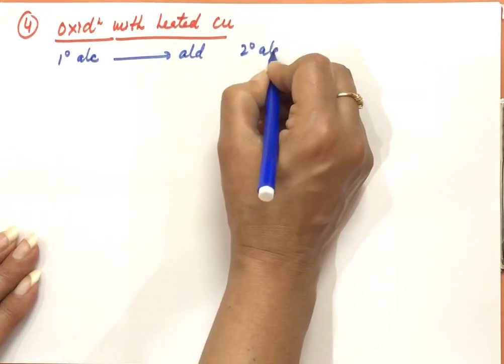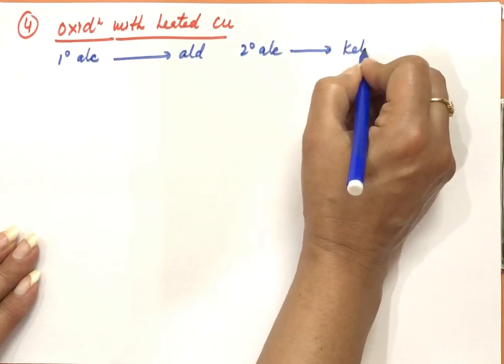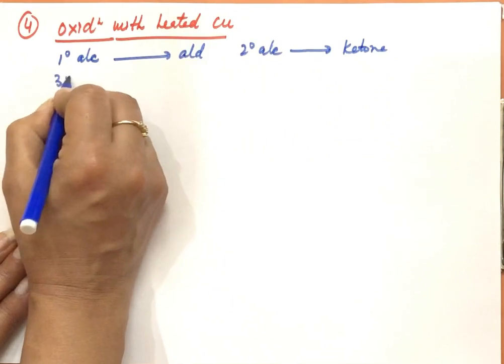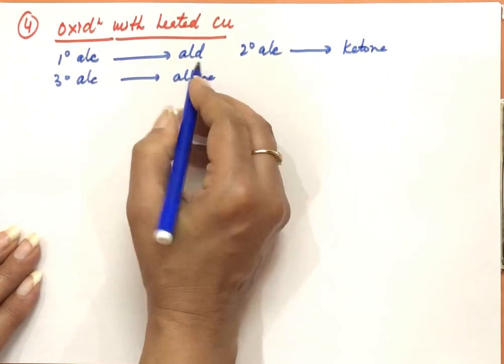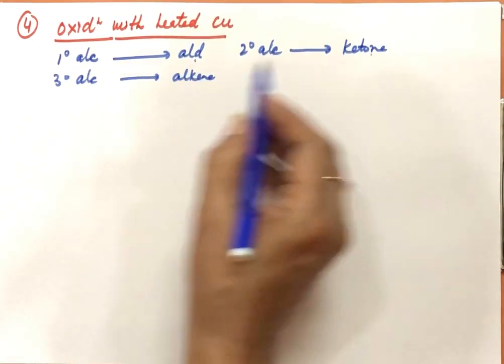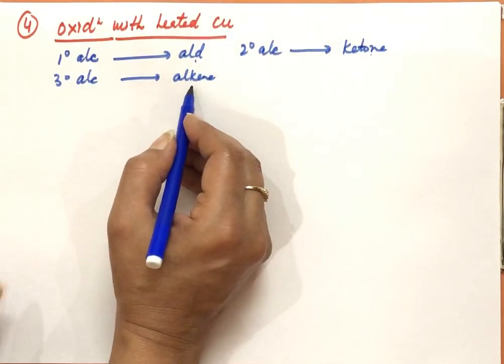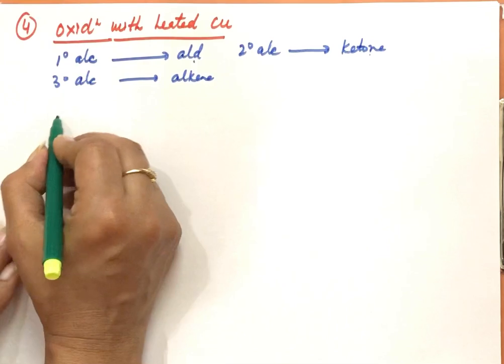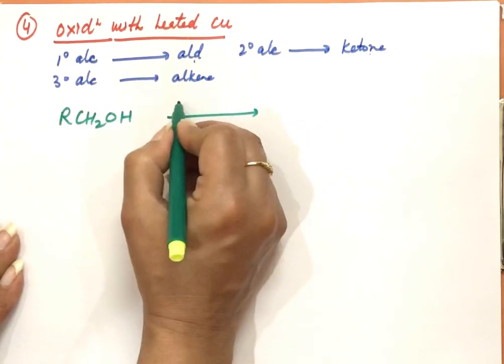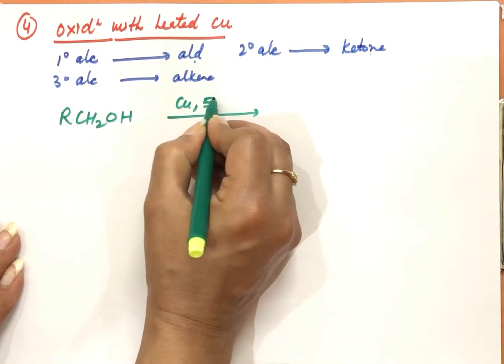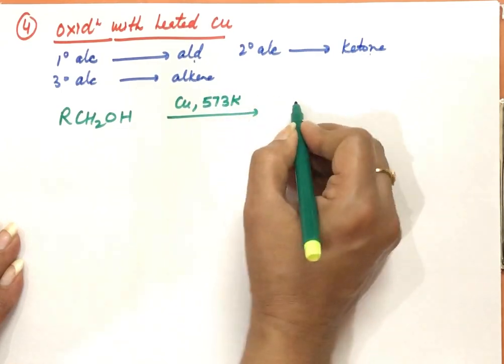Secondary alcohols on oxidation give ketone. But if we take tertiary alcohol, then there's formation of alkene. In this case, there is removal of hydrogen, but here we have a removal of water.